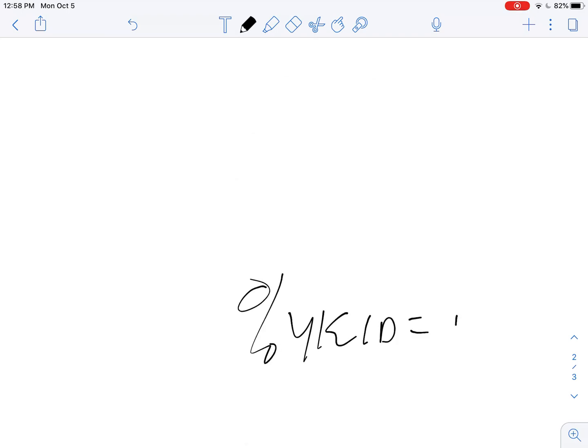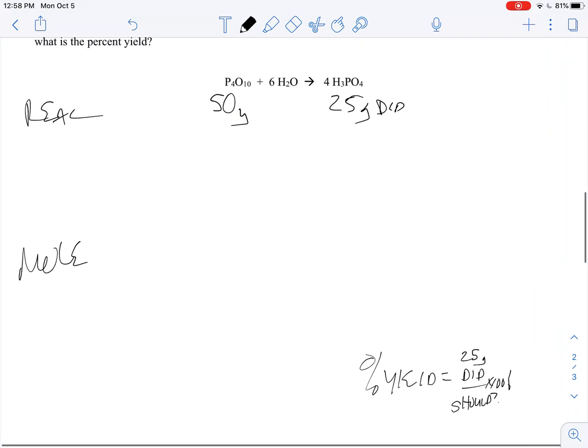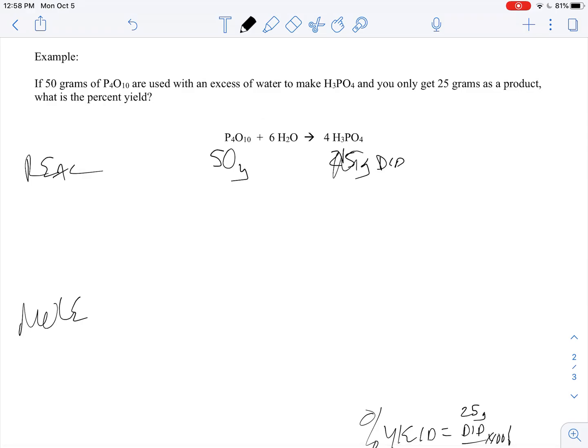My percent yield is going to be did over should times 100%. My did is 25 grams. So I did get 25 grams. But how many should I have gotten from this process? So I don't need my did anymore. But I'm going to have to go down, over, and up using a normal stoichiometric path.